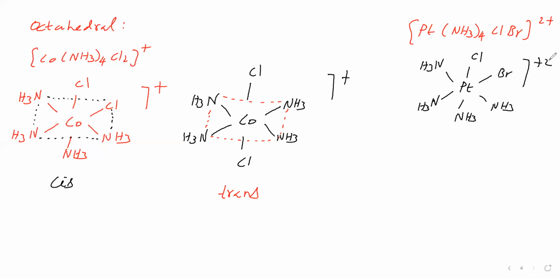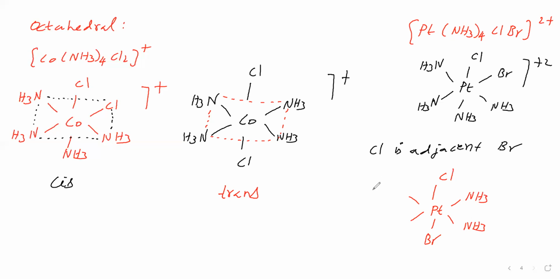Here +2 we will write. Here we can say Cl is adjacent to Br. Next possibility we will see: platinum, six coordinate bonds, we will write Cl here, Br here, and the four NH3 we will write like this.